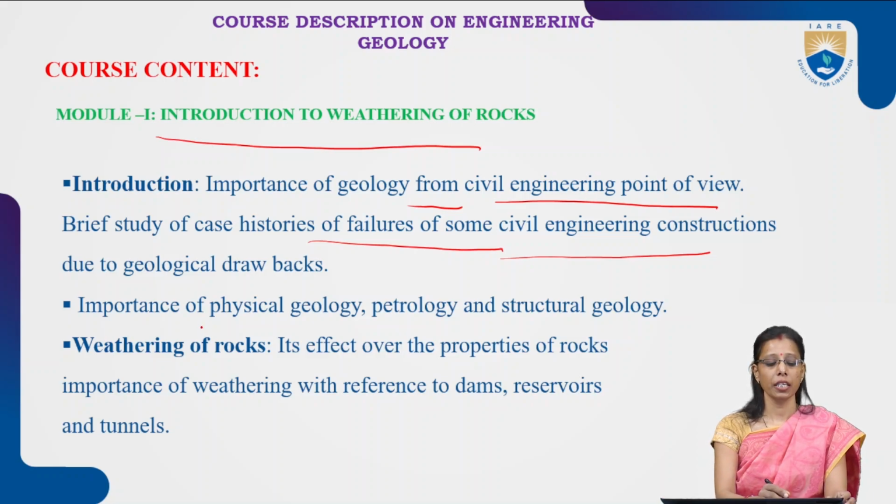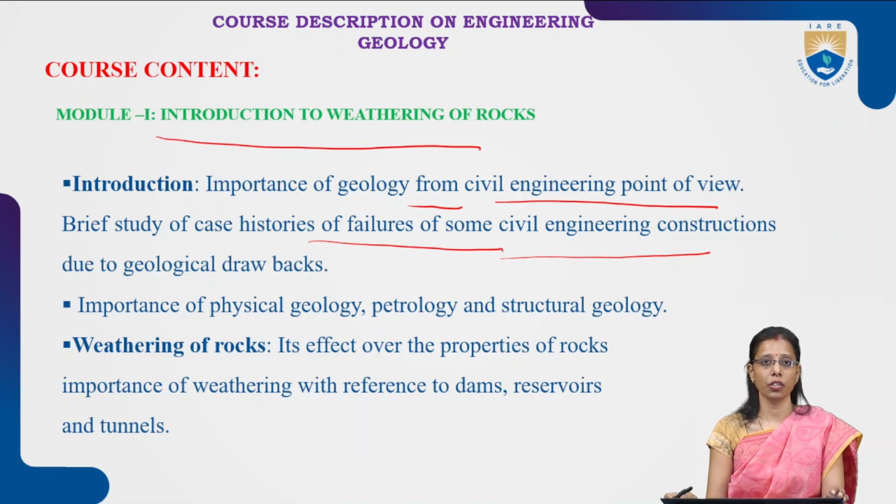Now the next thing we study is the importance of physical geology, petrology, and structural geology. As I told you, physical geology is where we study the earth surface features, above the earth and beneath the earth. We study the different kinds of materials which we find on the earth surface.